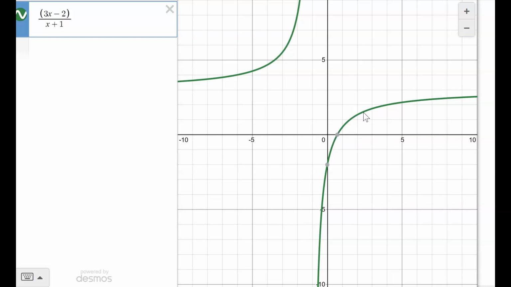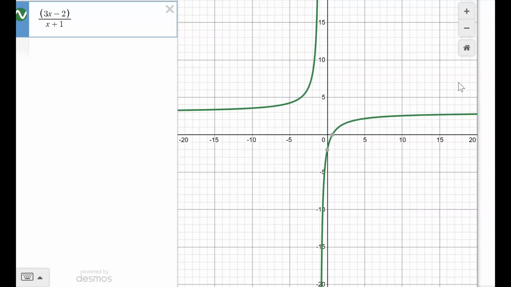As we go up, the y is increasing, increasing, increasing, and it sort of flattens out. If I zoom out a minute, it approaches this line, which is y equals 3. So 1, 2, 3. And if you look in this direction, that green line will never actually touch y equals 3. It gets very, very close, but it doesn't actually touch it.